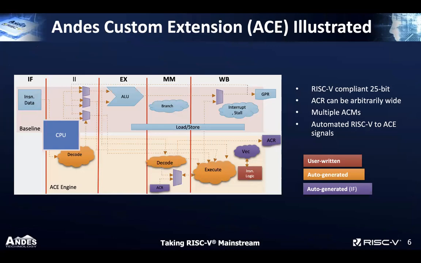And the custom instructions, the ACE extension, is actually creating a separate data path, a separate execution unit, if you will, including the decode, custom memory access, execution control, and your custom operations. The ANDES CPU will take care of most of the logic and control. You only really have to worry about your instructions. So it makes it really simple to create.